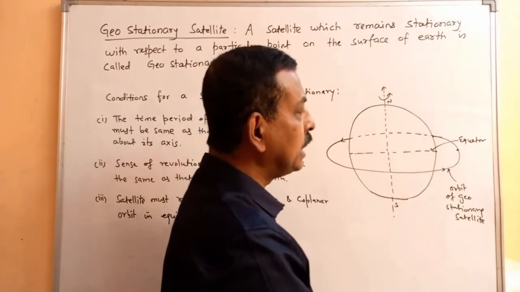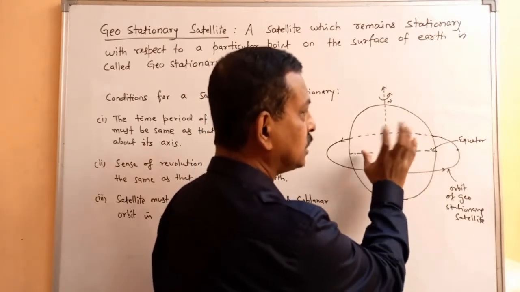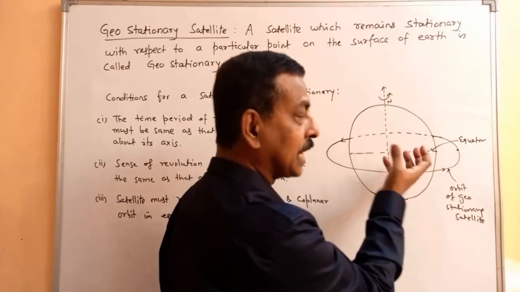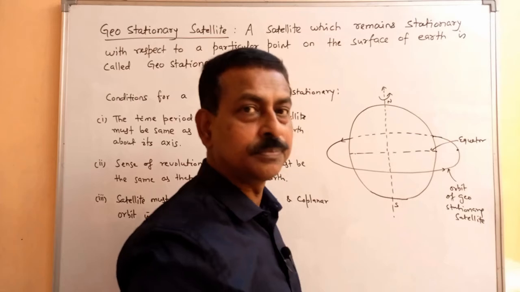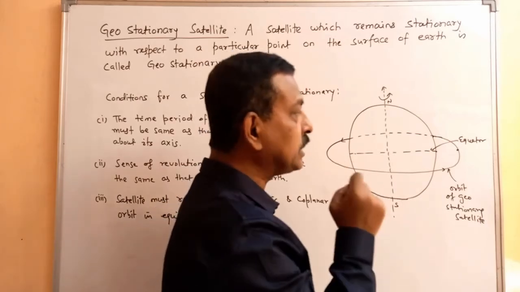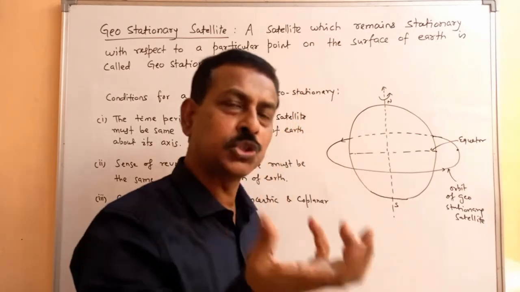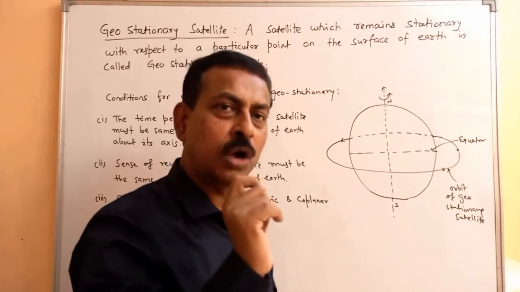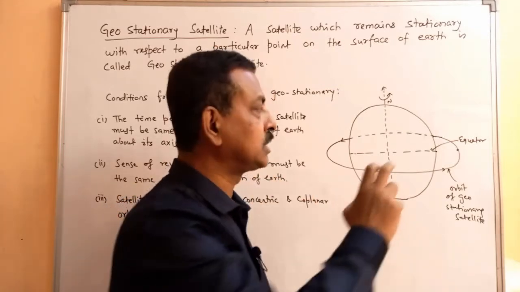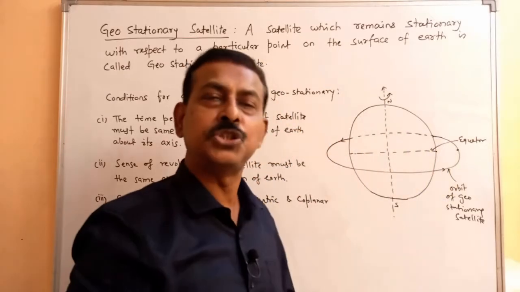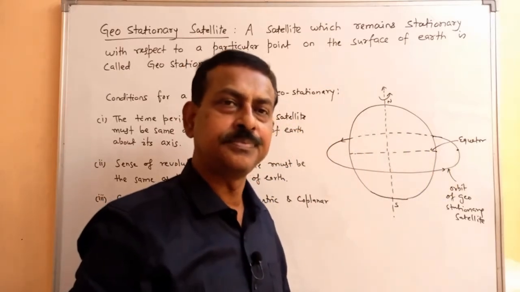If Earth is rotating about its axis and the satellite is revolving around the Earth, and in its entire motion it is always overhead that particular point, then that satellite will be called a geostationary satellite.